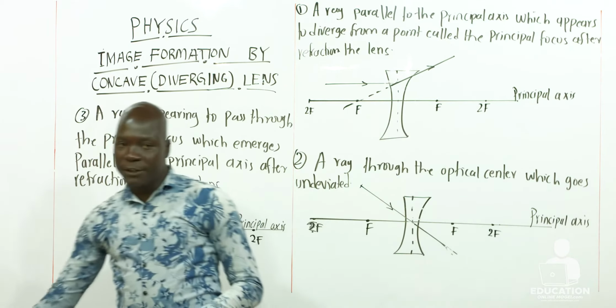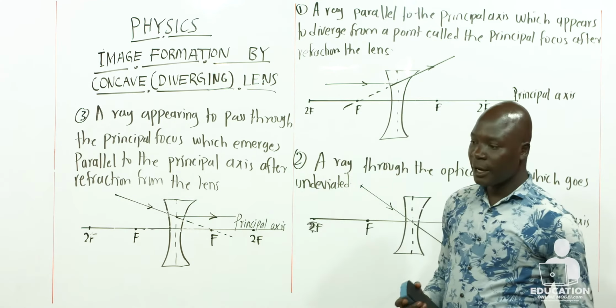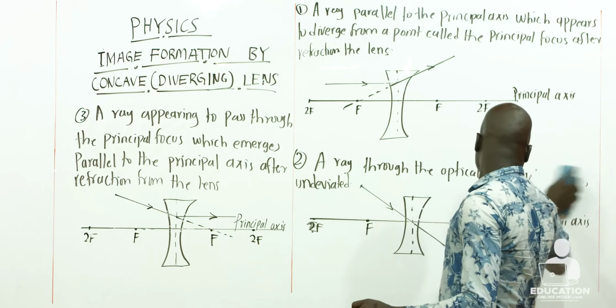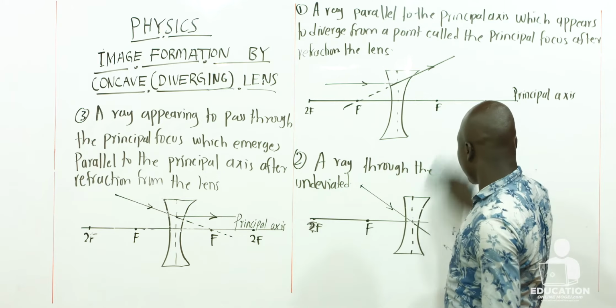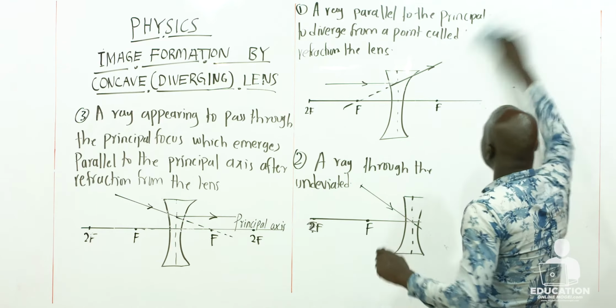Now, after knowing these three rays, we are going to use two of the three rays to locate the position of the image formed when an object is placed at various positions on or in front of the lens.